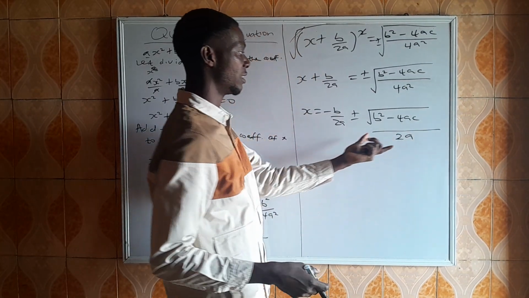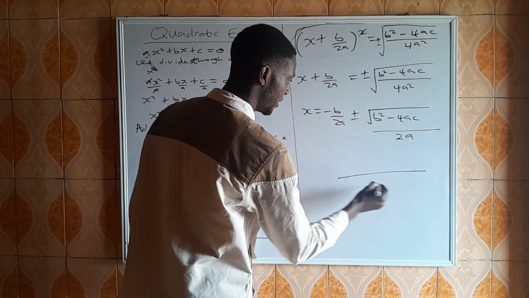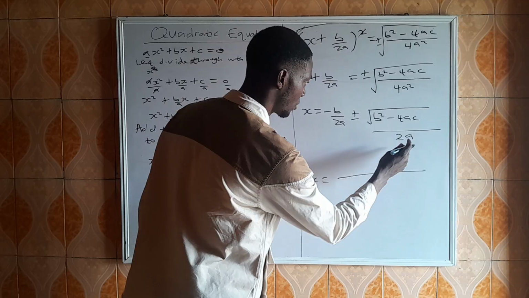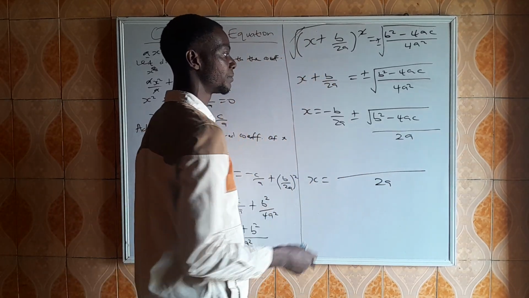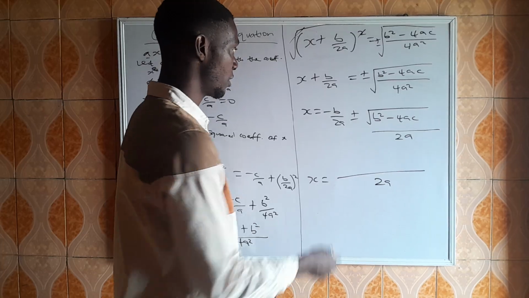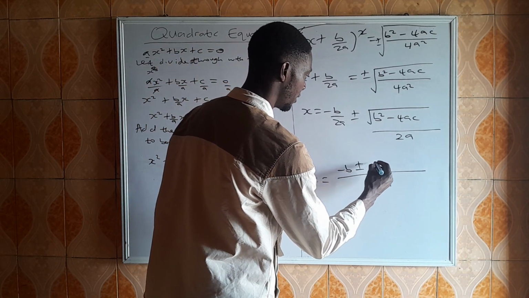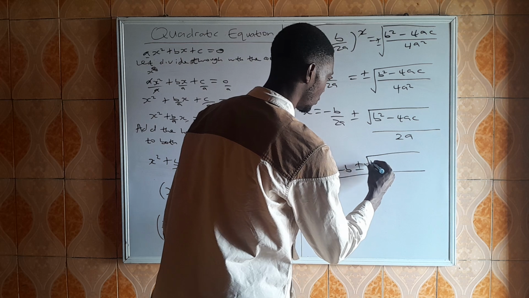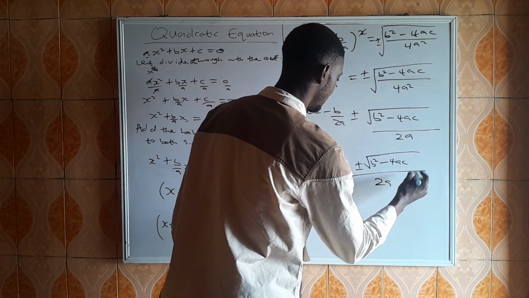Now, they have a common base, so we can find the LCM, which is 2a. So you have x equals minus b plus or minus the square root of b squared minus 4ac, all over 2a.